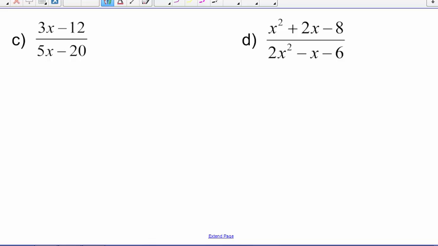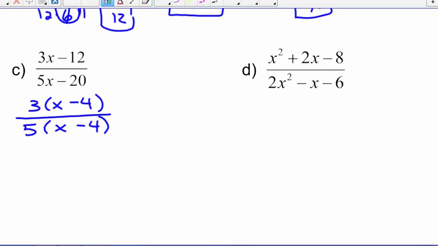So in C, I look, and I can't just simplify 12 over 20 because I have adding and subtracting between these here. So I have to factor it first and then look to simplify. So I take a 3 out. I have x minus 4 left. I take a 5 out. I have x minus 4 left.